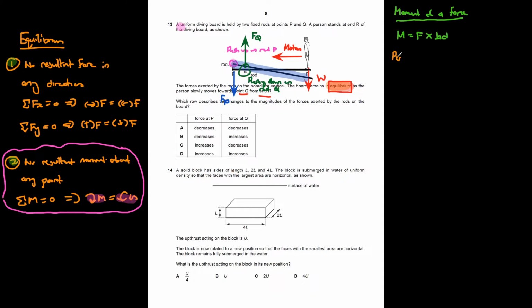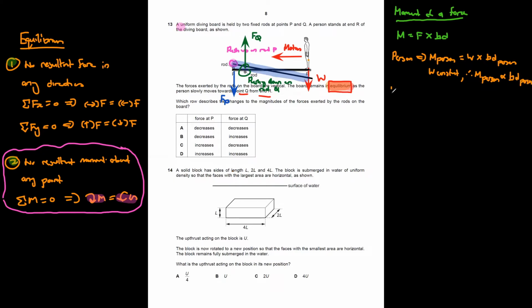For the person, if I apply M equals F times D, as the person is moving from the right towards the left, F is constant. Let me just write it out for you. The moment of the person itself will be his weight times the perpendicular distance of the person. Now the weight is constant.